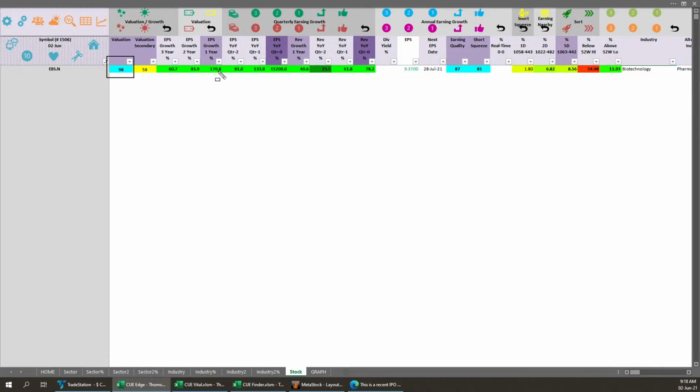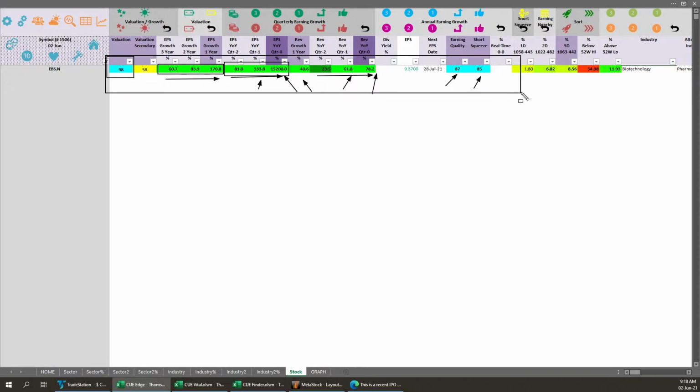See the fundamental strength. Undervalued stock, EPS growth extremely high for last 3 quarters, accelerating, especially last quarter and the previous one. Very nice earnings growth and accelerating earnings growth for 3 years. Revenue growth 3 quarters last year. Great earnings quality, short squeeze potential.